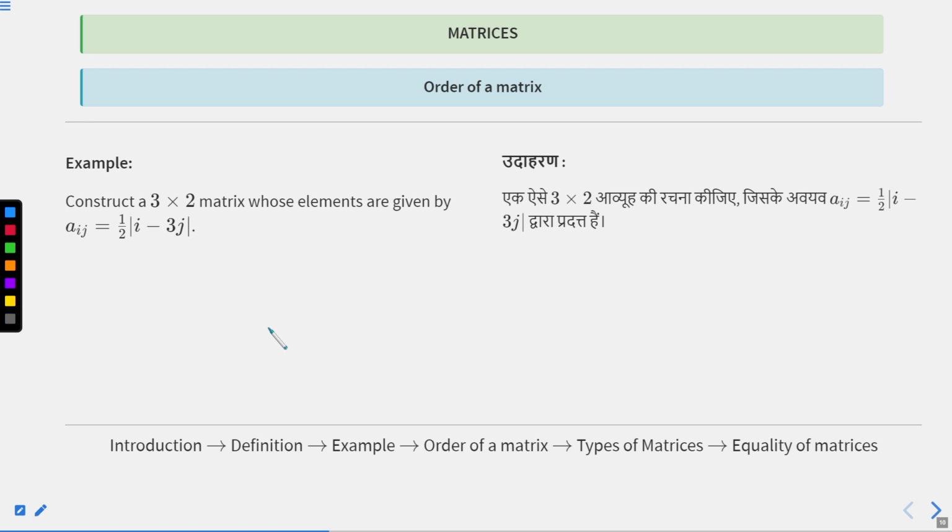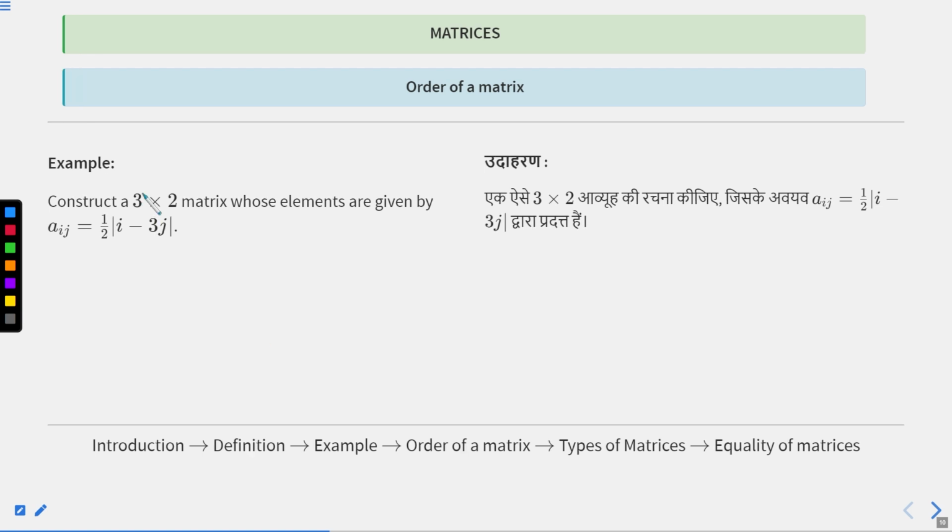Now in this example we have to construct a 3 cross 2 matrix. This means having 3 rows and 2 columns, whose elements are given by this. What do we mean by Aij?